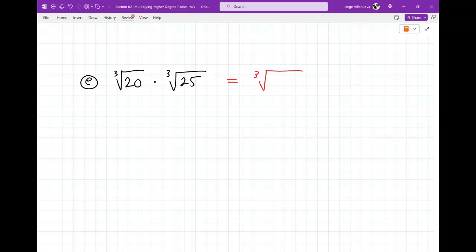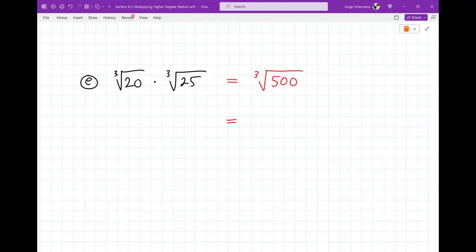20 times 25, what is that? 500? All right. So, of course, right now you'd want to use your calculator, okay, to figure out what multiply or what divides 500.